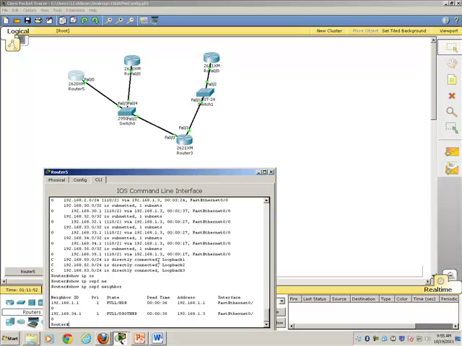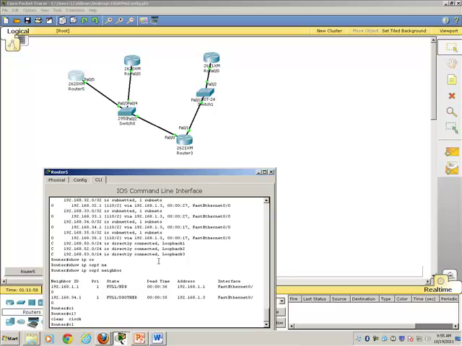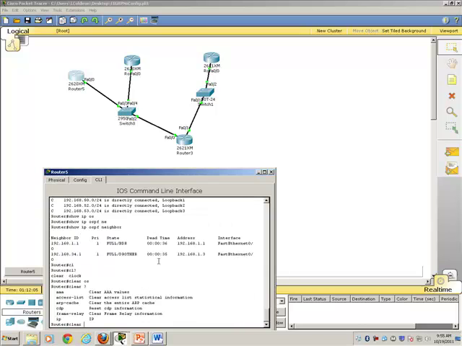Let's see if it'll work. Clear. Picked one that doesn't work. It's not programmed into this one. The clear OSPF processes is the one that would force the election.